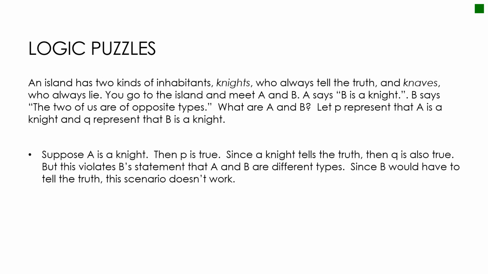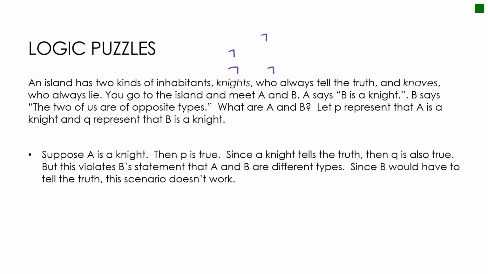For instance, if I just reason through it, I can say, let's assume A is a knight. So remember, we've really got that A is a knight and B is a knight. We have that A is a knight and B is not a knight, which would be a knave. We have that A is not a knight and B is a knight, or A is not a knight and B is not a knight.